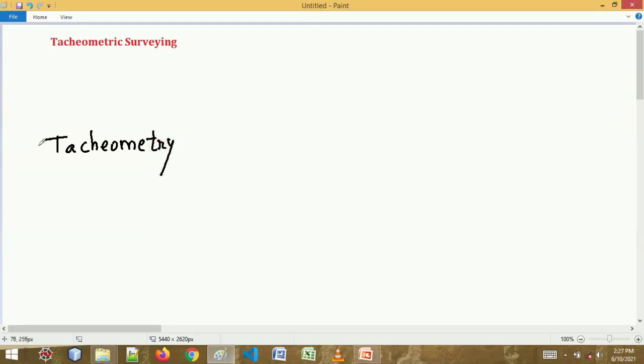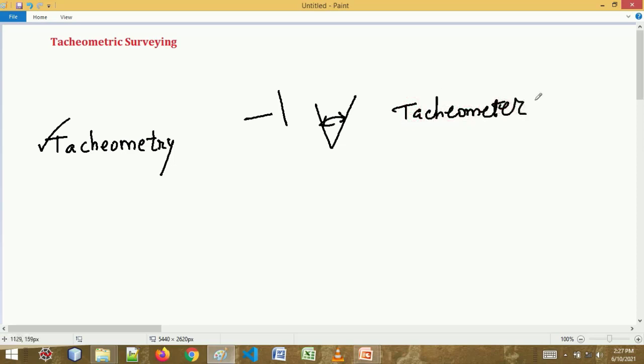Tachyometry is a branch of surveying in which horizontal and vertical distances are determined by taking angular observations with an instrument known as a tachyometer. So in tachyometry we calculate horizontal as well as vertical distances by taking angular observations.